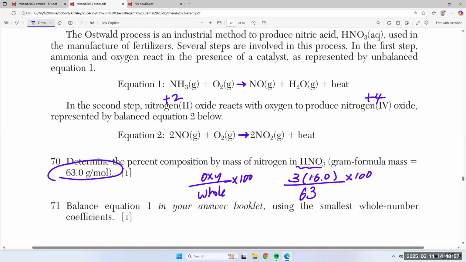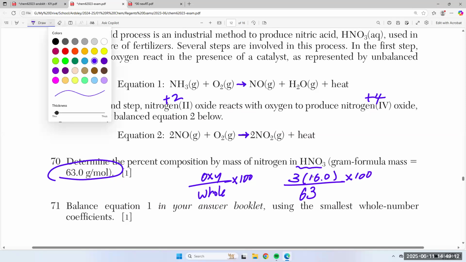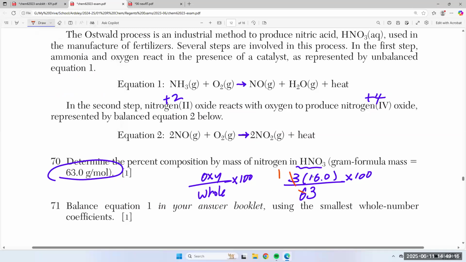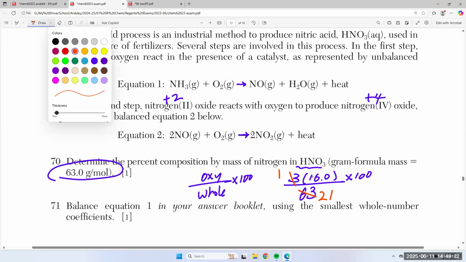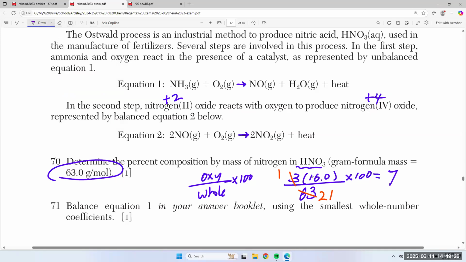I'm just going to do it again. 16 divided by 21 gets the same answer. Do you know what I did? Someone tell me what I did. Remember, 3 goes into 3 once, and into 63, 21 times. It doesn't matter. But in the end, what is the answer? How many sig figs?